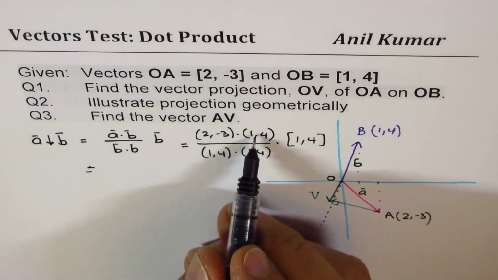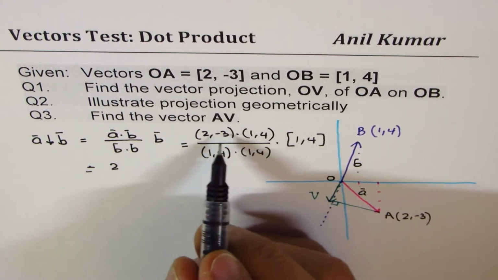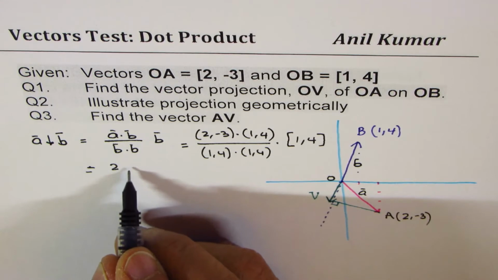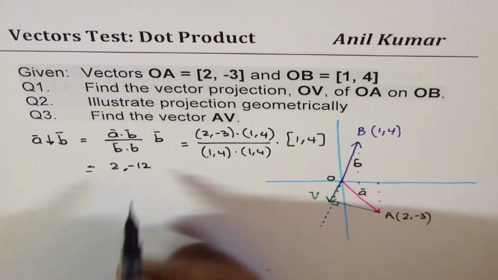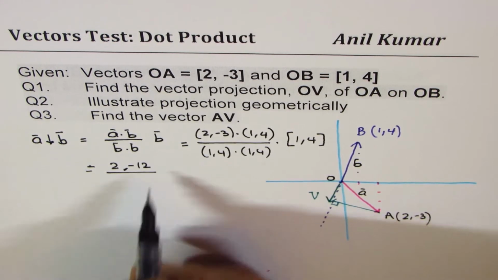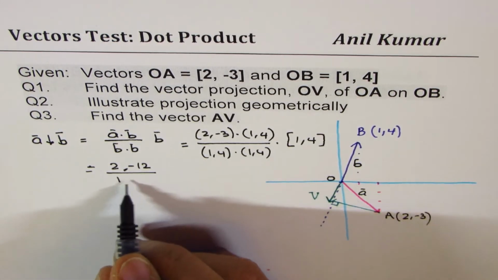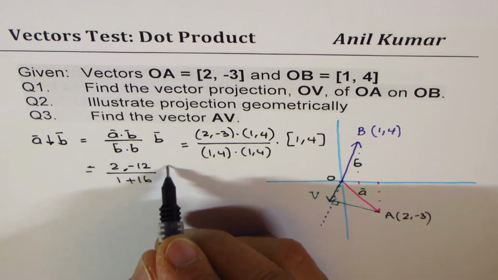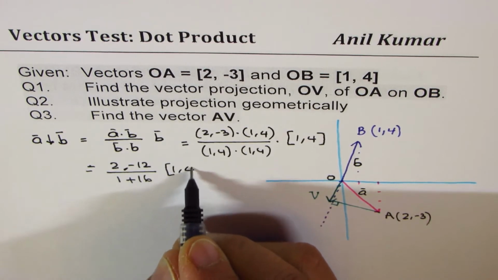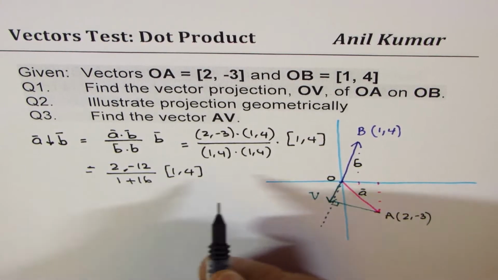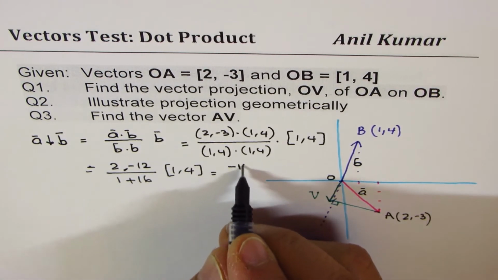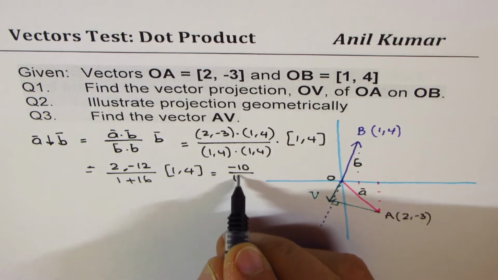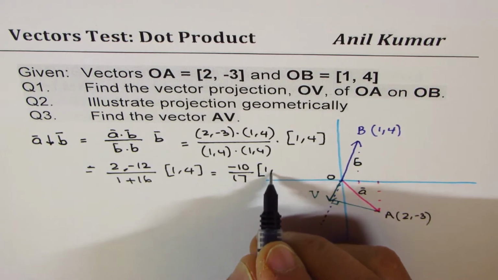So it becomes 2 times 1 is 2, minus 3 times 4 is minus 12. So minus 10, and divided by 1 plus 16. And the vector direction is this, which is equal to minus 10 over 17 times (1, 4).